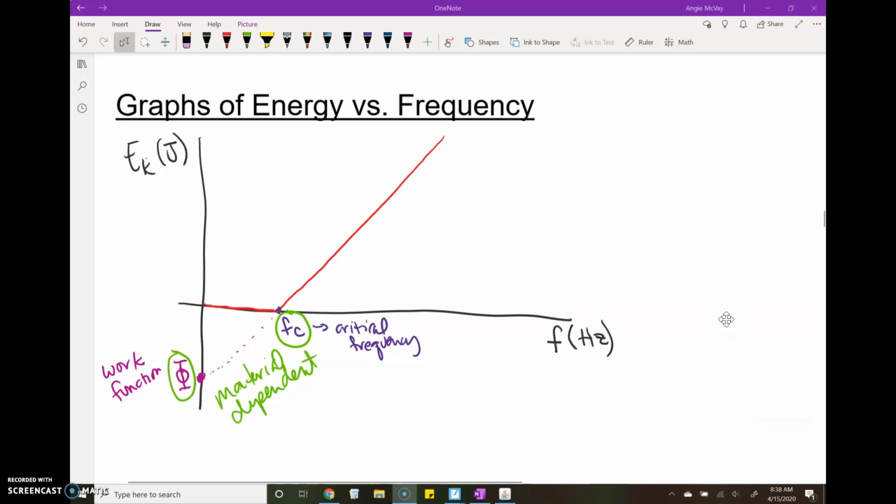If you were to write down the equation for the line of best fit here, you would have gotten the kinetic energy, which is on the y-axis, equals something close to 6.6 times 10 to the negative 34.